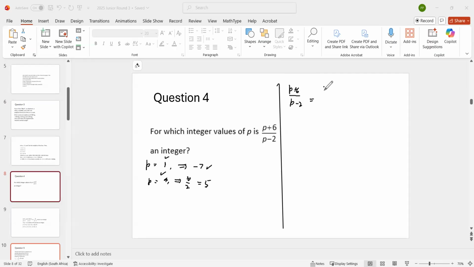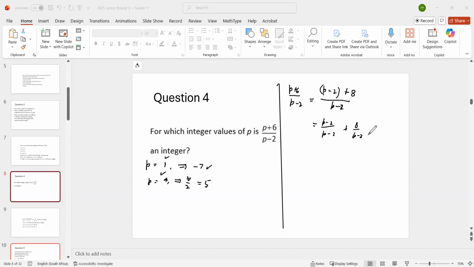You can do long division, but I find it easiest to put a P minus 2, the same thing here, and make a modification, right, to get to P plus 6. If I put P minus 2 at the top, I'll have to add 8, right, P minus 2. So the reason why we do this is that now we can see that this is equal to P minus 2 over P minus 2 plus 8 over P minus 2.